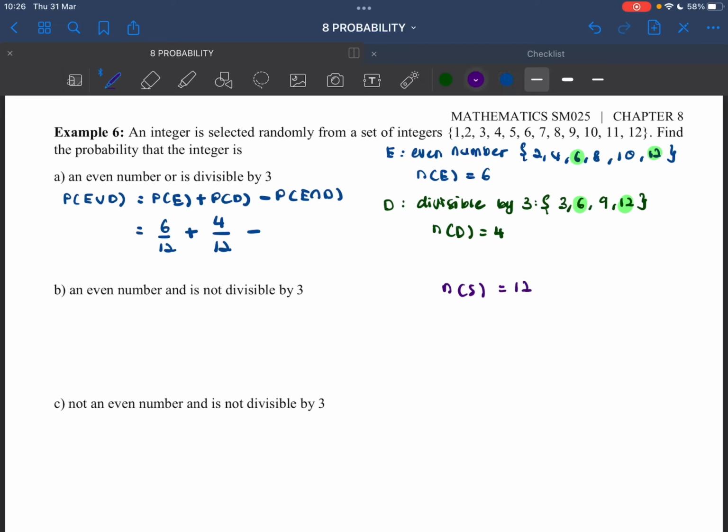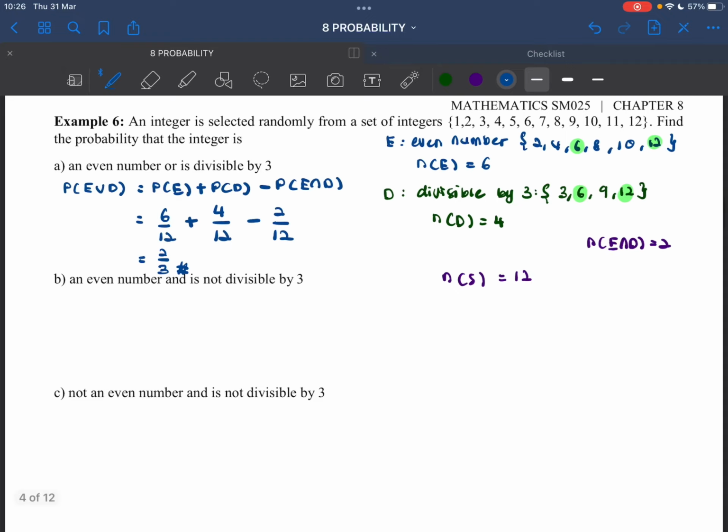So here we can conclude that N(E intersect D) is equal to 2. So the probability of that will be 2 over 12. Okay, just put everything in your calculator. That will be 2 over 3. Okay, so even number or divisible by 3, A or B, A union B formula.